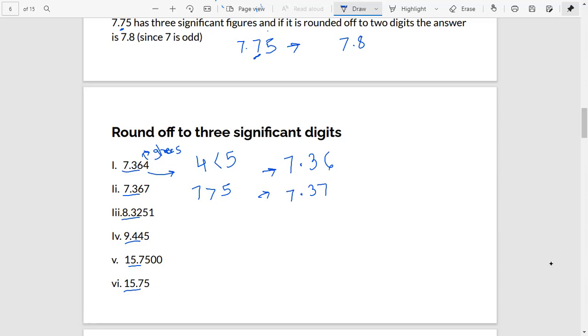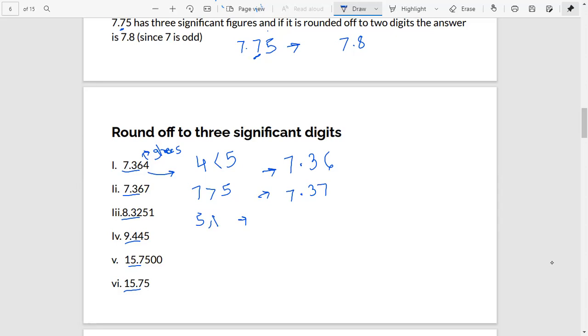What about the third question? It is 8.3251. So it is a case where the last two digits are 5 and 1. Mind well, it is not 5 and 0.